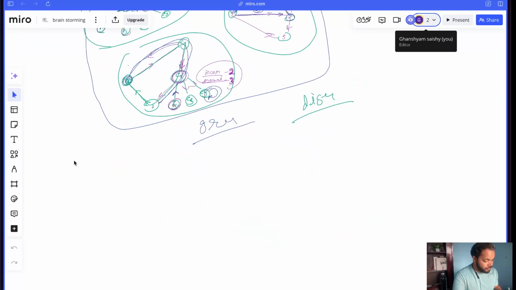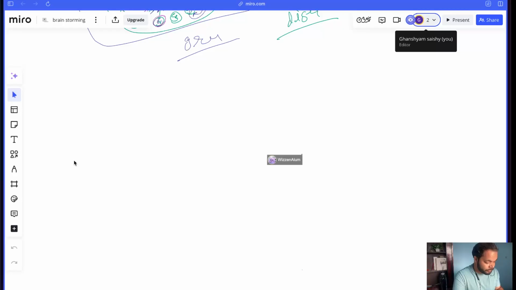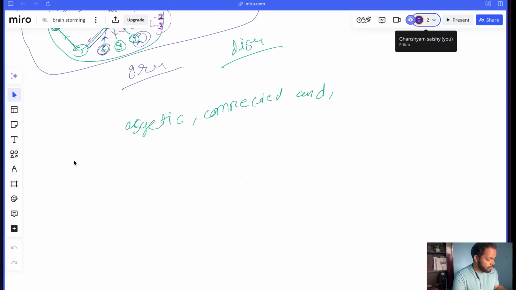Now, if you look closely, you might find that if you take a graph which is acyclic, connected, and undirected, what is it going to become?